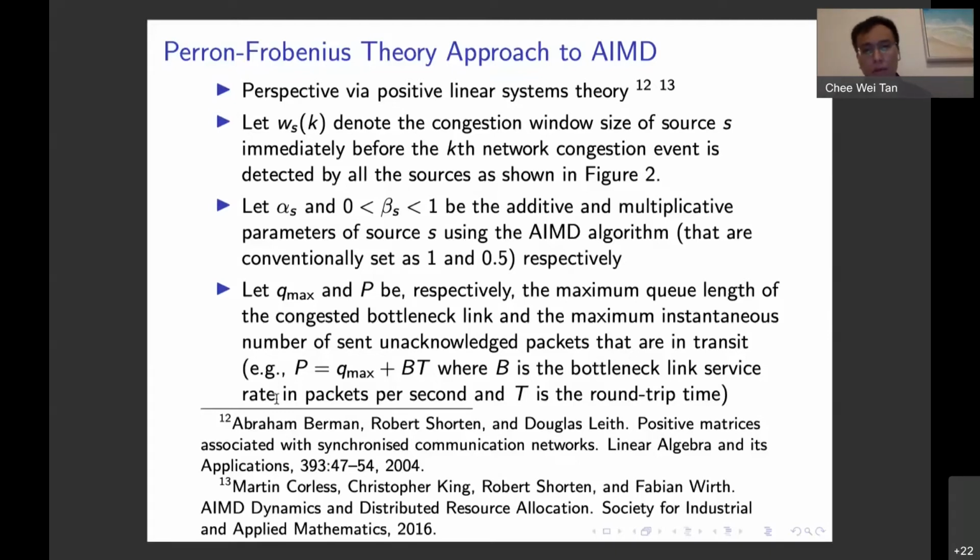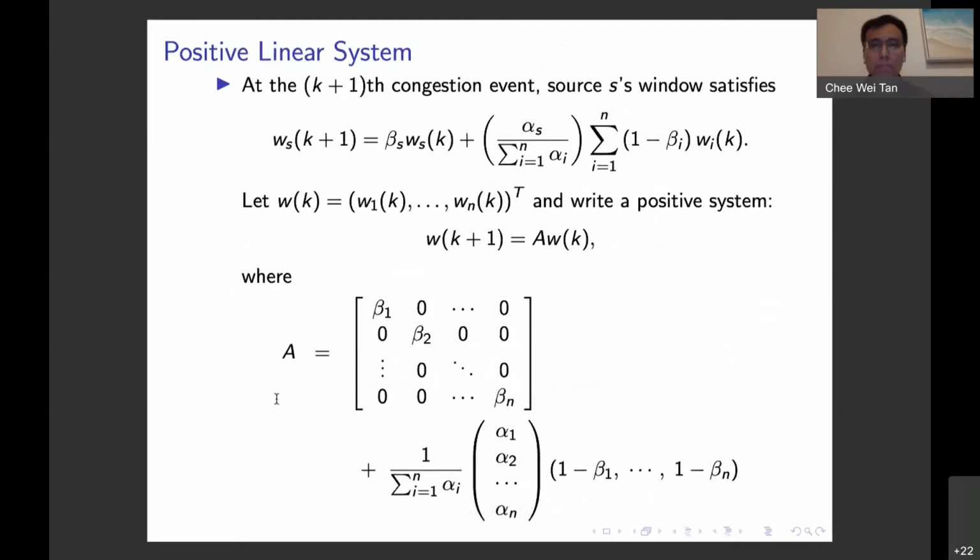So how should we connect these parameters for each user together in such a way that I could guide all the parties involved to a desirable equilibrium? For example, in that body of knowledge, they say that AIMD dynamics really correspond to these linear systems of equations.